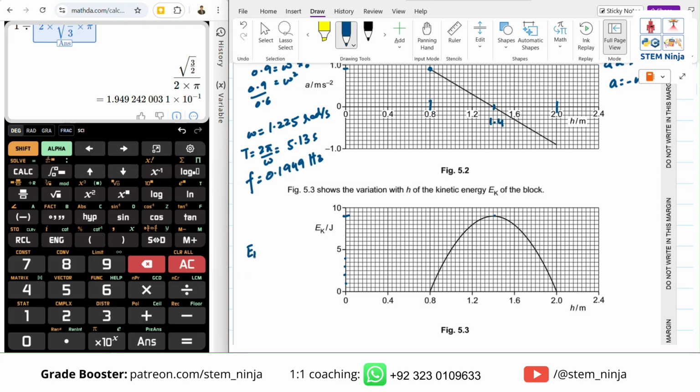So the maximum kinetic energy is half m omega squared x naught squared. So maximum kinetic energy is 9, times 2 divided by omega squared x naught squared, to find the mass. The omega is this 1.225.